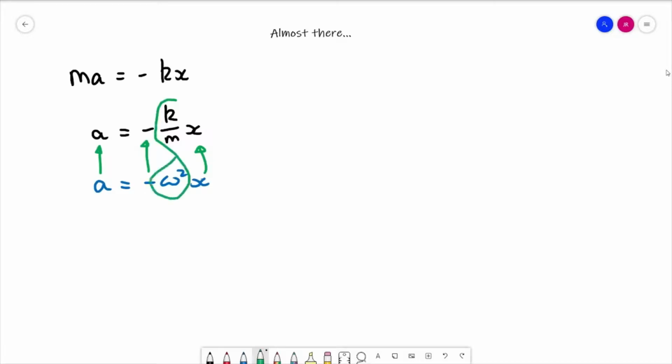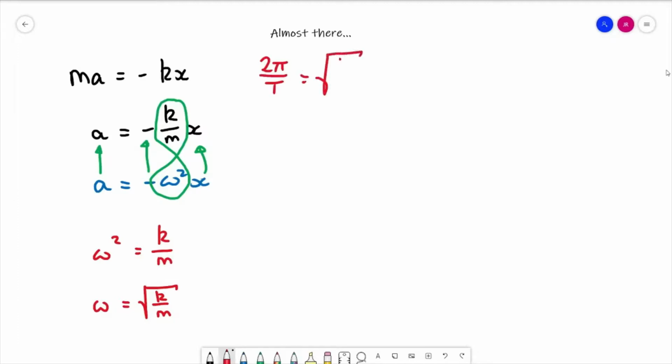What we're left with then is that omega squared is equal to the spring constant divided by the mass. Next stage we're going to square root, so omega is equal to the square root of k over m, and remember that omega is 2 pi over T.